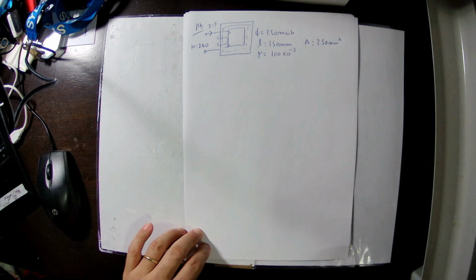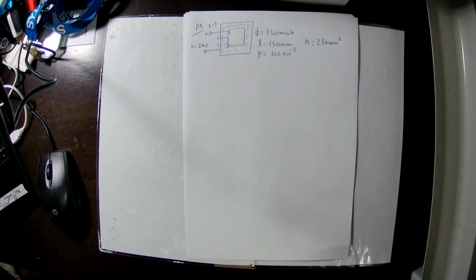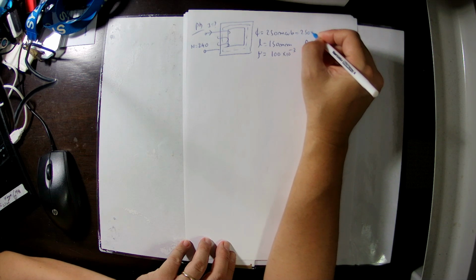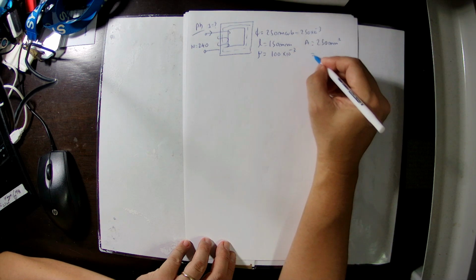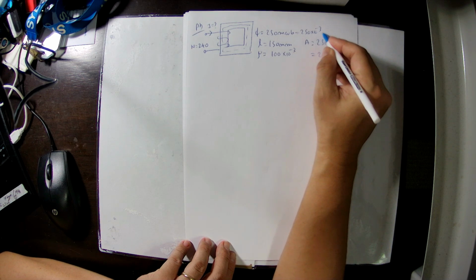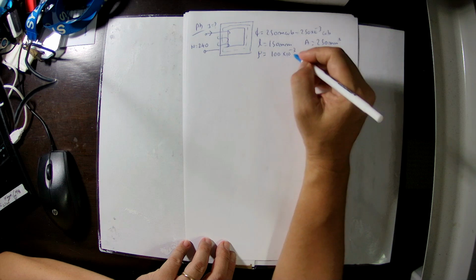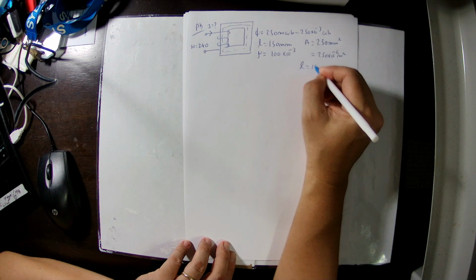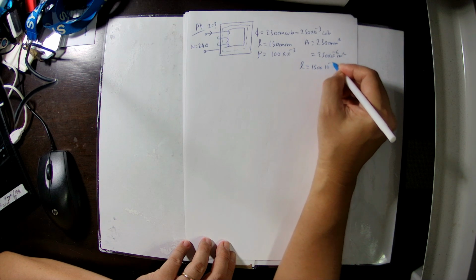So those things are given. The flux is 250 into 10 power minus 3 weber, the area is 250 into 10 power minus 6 meter square, and the length L equals 150 into 10 power minus 3 meter.